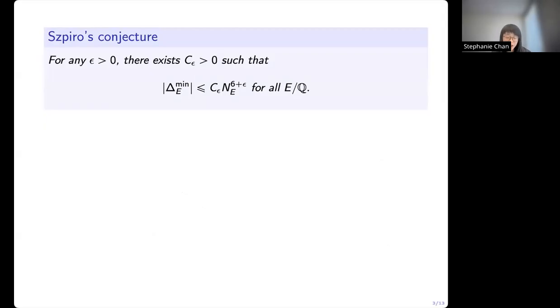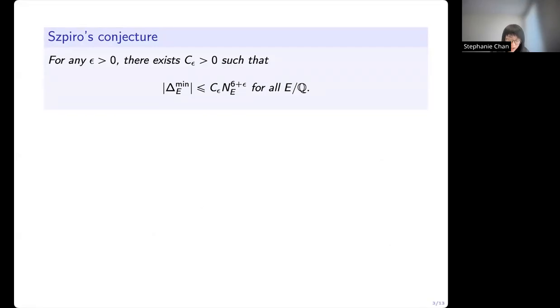So Szpiro's conjecture says that the minimal discriminant should be bounded above by some constant times the conductor to the 6 plus epsilon, for all elliptic curves.